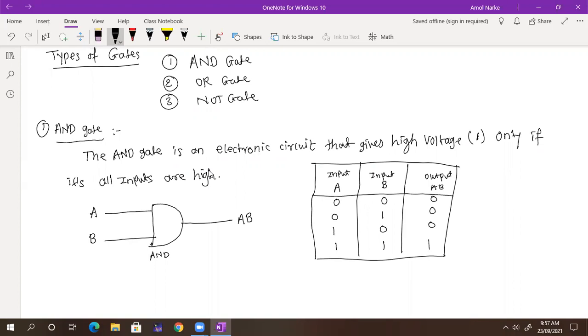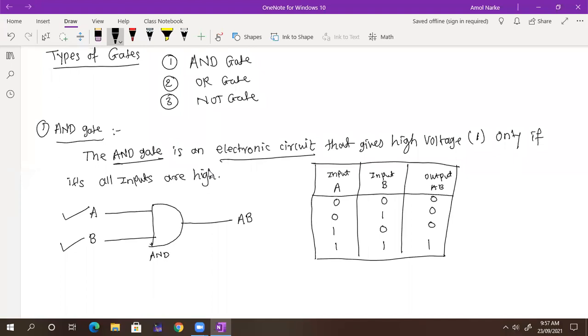What is that other way? What they are saying is, AND is a gate, which is an electronic circuit. So suppose we have some electronic circuit like that, and that AND gate is denoted like this. So whenever we have this kind of gate, this is the AND gate. It means A and B are my inputs. Either input A has high voltage or low voltage, we don't know.